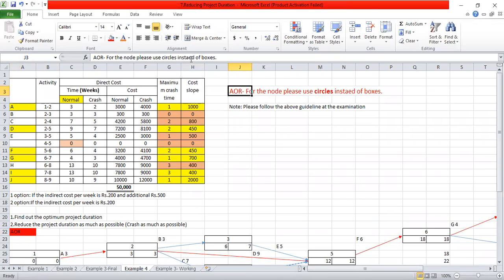As I'm using Excel here, for my ease, I am using boxes for the node. But if you are instructed to draw the activity on arrow approach in the examination, please make sure to draw those things in a node or a circle, right?